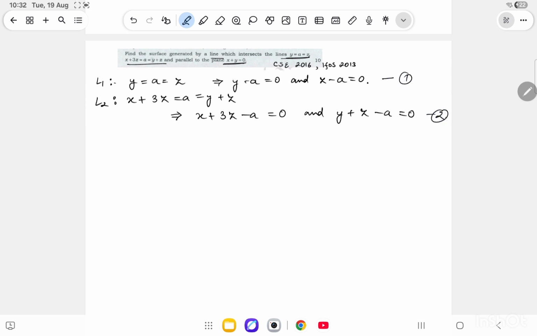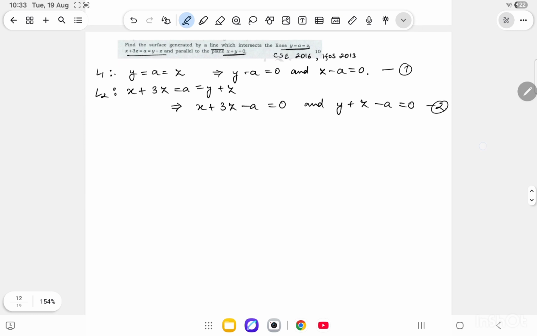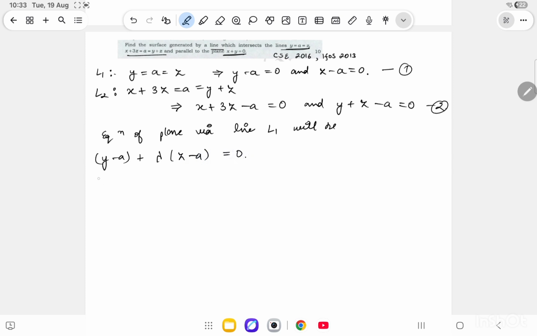So we are supposed to find a surface which is generated by line L1 and line L2, and that surface is also parallel to the given plane. So the equation of a plane via line L1 will be something like this: y minus a plus lambda into (z minus a) equals 0. If we simplify it, we'll get y plus lambda z minus a minus lambda a equals 0.